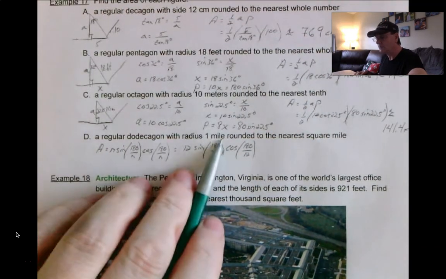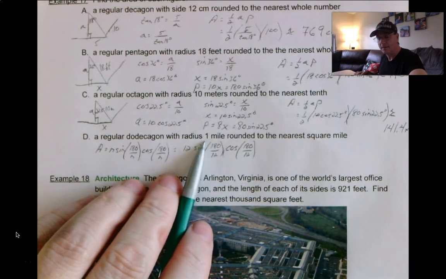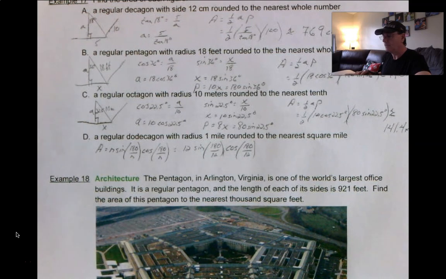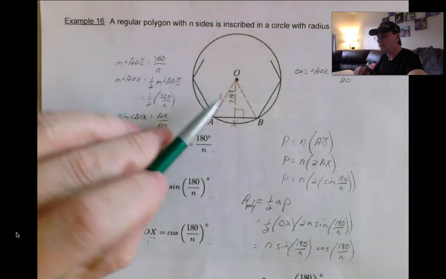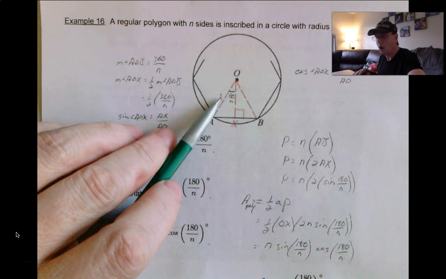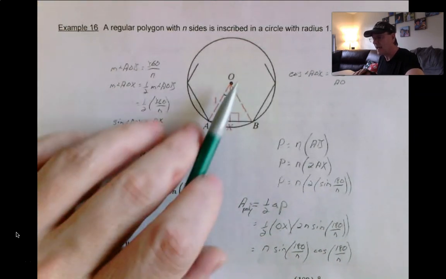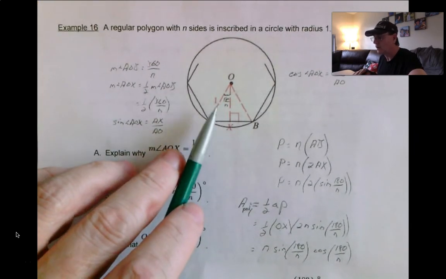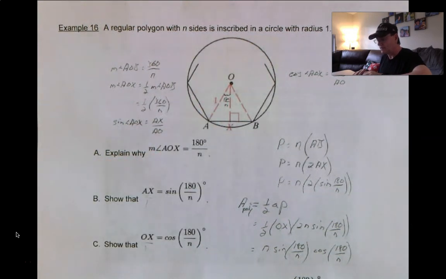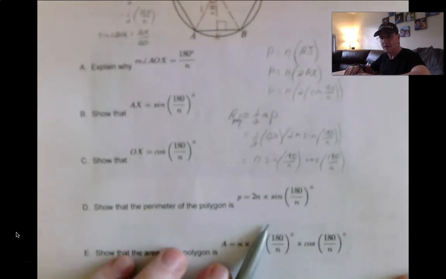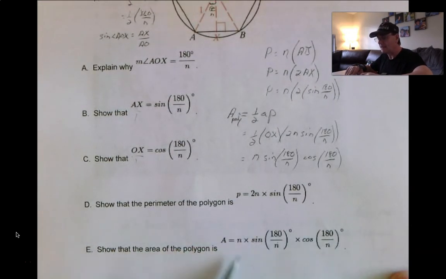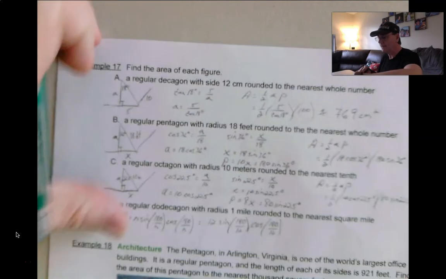And I'm only doing this because the radius is 1. I thought about showing you what if the radius is r. How does that change the formula? It actually adds in an r squared into the formula.